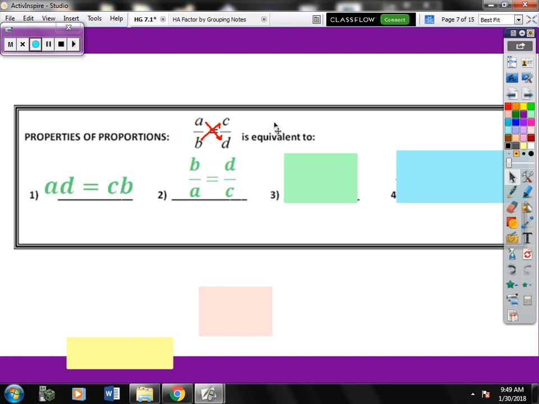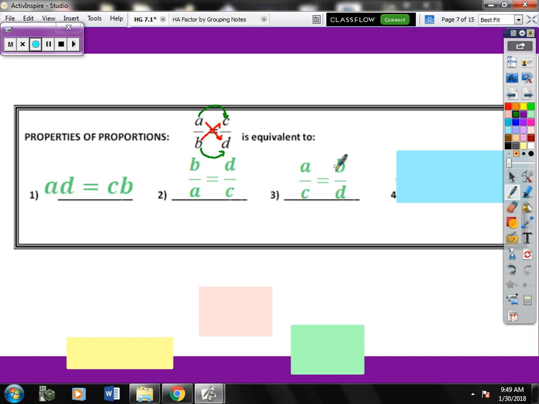B over A is equal to D over C. You can actually also rewrite it so that it's the top over the top and the bottom over the bottom. So A over C is equal to B over D. If you check, the cross product is always the same. AD equals BC. AD equals BC. So these are all equivalent. They're just different ways that you can write it.